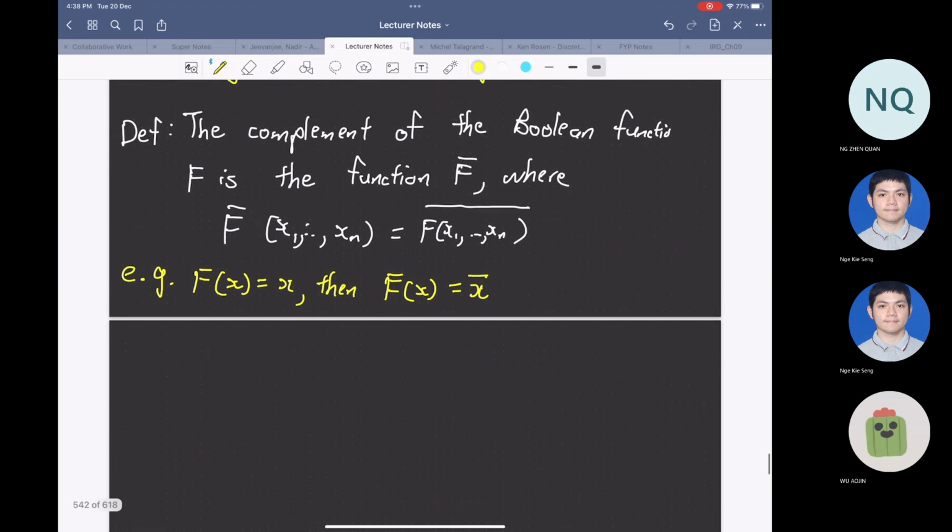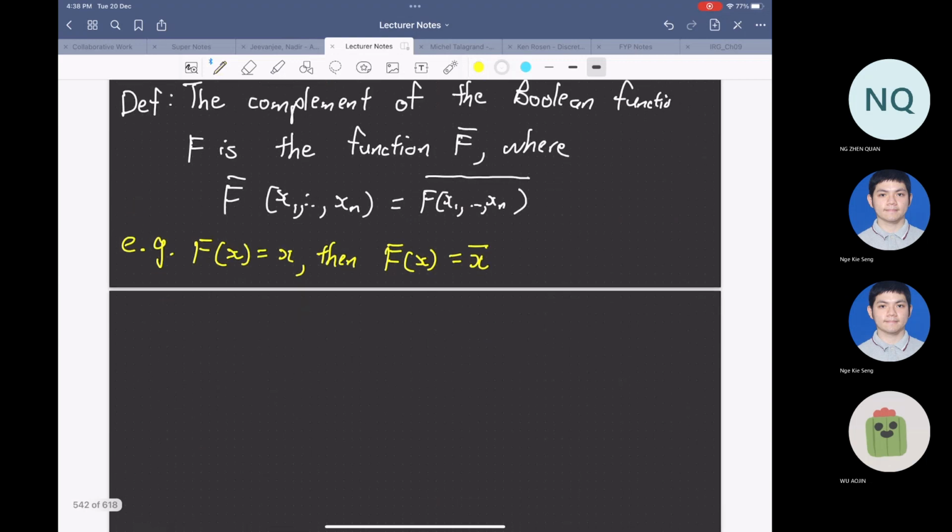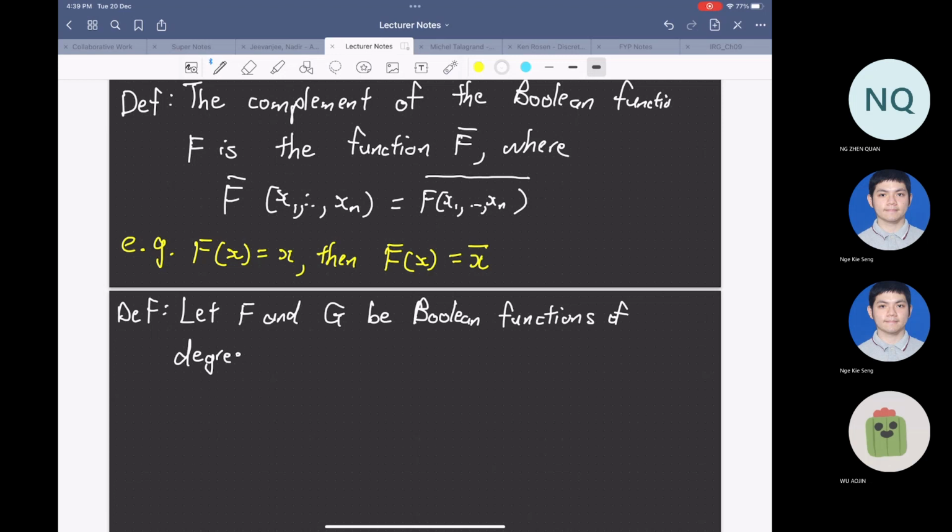Next. Suppose you have two Boolean functions. Just now we already have the sum of Boolean expressions and the product of Boolean expressions, right? This is exactly how we define the Boolean sum and the Boolean product.